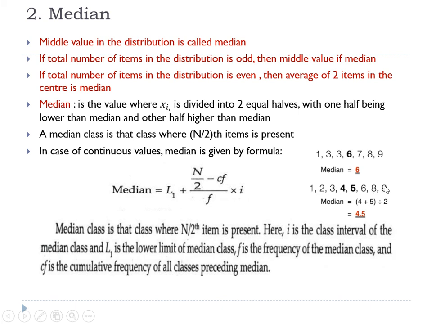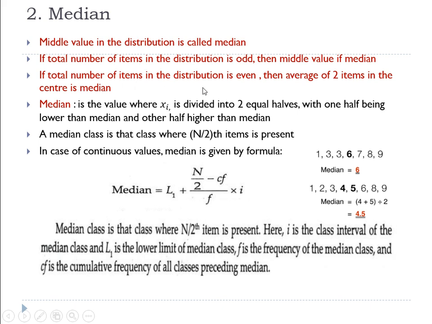Now in this case I have an even number of values, 8 quantities, so I don't have exactly a middle number. So what we do is take the average of the two middle numbers: 4 plus 5 divided by 2, that is 4.5. So the median is the middle value in the distribution. If the total number of items is odd, take the middle value as the median.